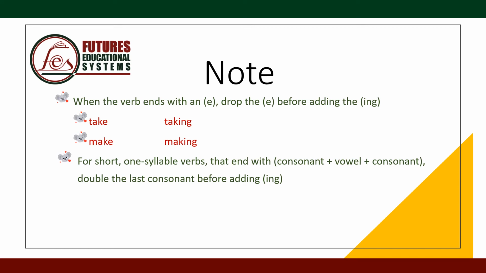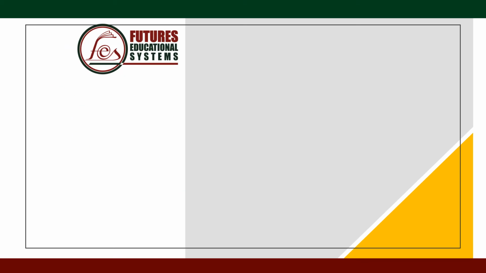For the short one-syllable verbs that end with a consonant plus vowel plus consonant, we double the last consonant. Like put. Before adding the ing, we double the T. Why? Because we have one vowel before the last consonant and it's a one-syllable verb. Get, getting. Again, we double the T.